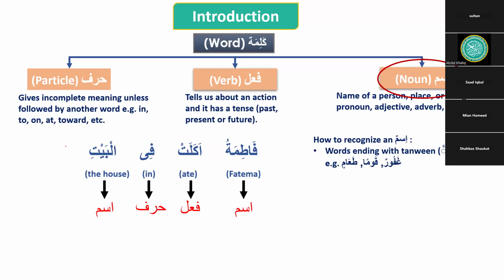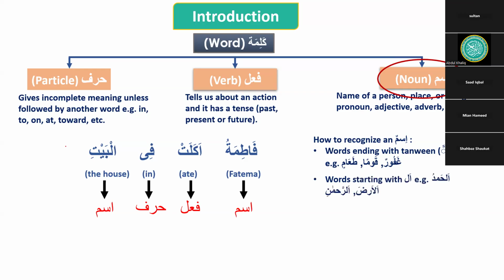But in this class, we will use the word dhamma for pesh, fatha for zabar, and kasra for zer. So you should be aware of this. So the words that end with these harakat, dhammatain, fathatain, or kasratain, they are typically ism. So that's the first sign that will tell you that a word is ism.